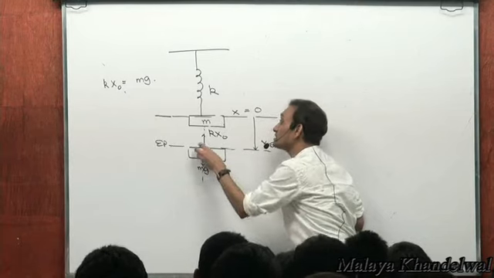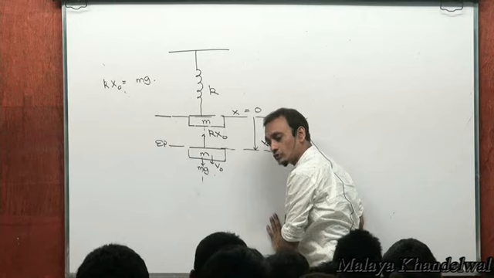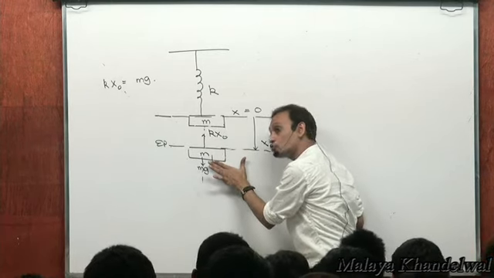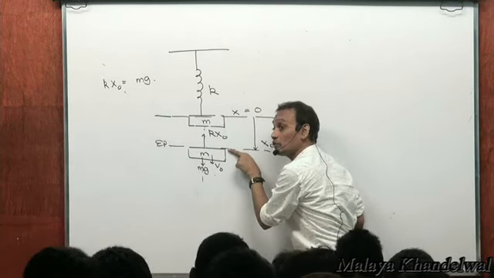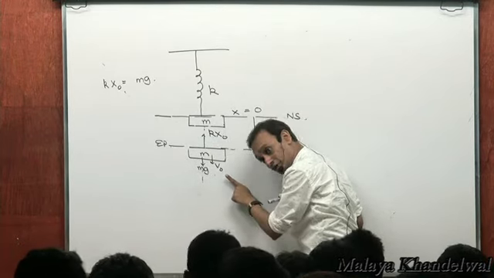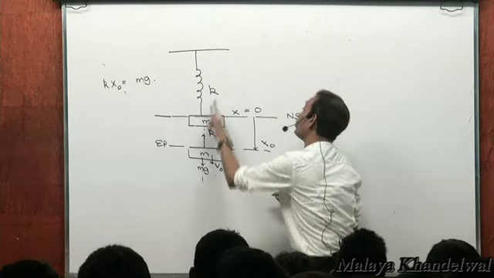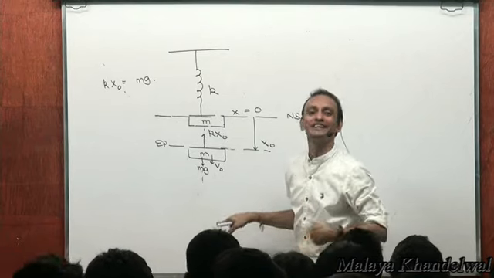So mg was bigger than kx naught till x naught. At mg equal to kx naught, there was equilibrium. Even though there was equilibrium, it has developed a velocity, so it will go down further because of inertia. If it goes down further now, the spring force will exceed mg. So from this point onwards, it's going to retard, right?